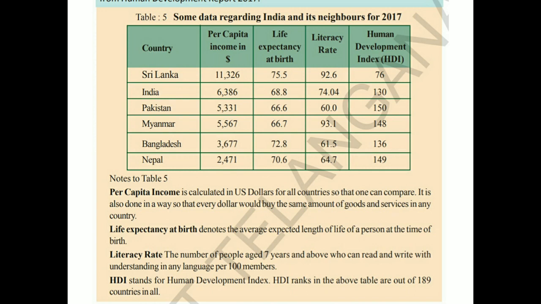If you see the per capita income, life expectancy at birth, literacy rate, human development index, a lot of differences are there. Look at the life expectancy at birth, India is 68.8. That is, on an average, a healthy person without any health problems can live up to more than 68 years.